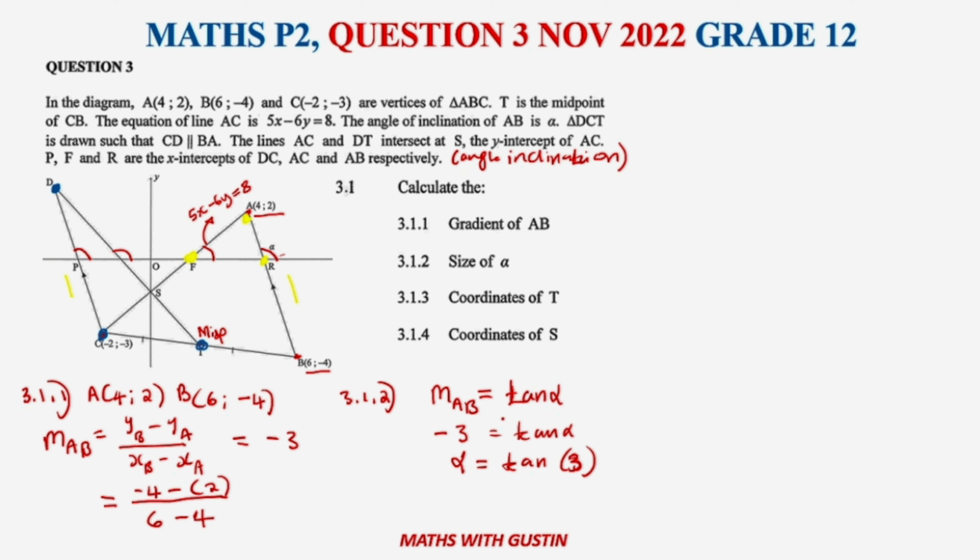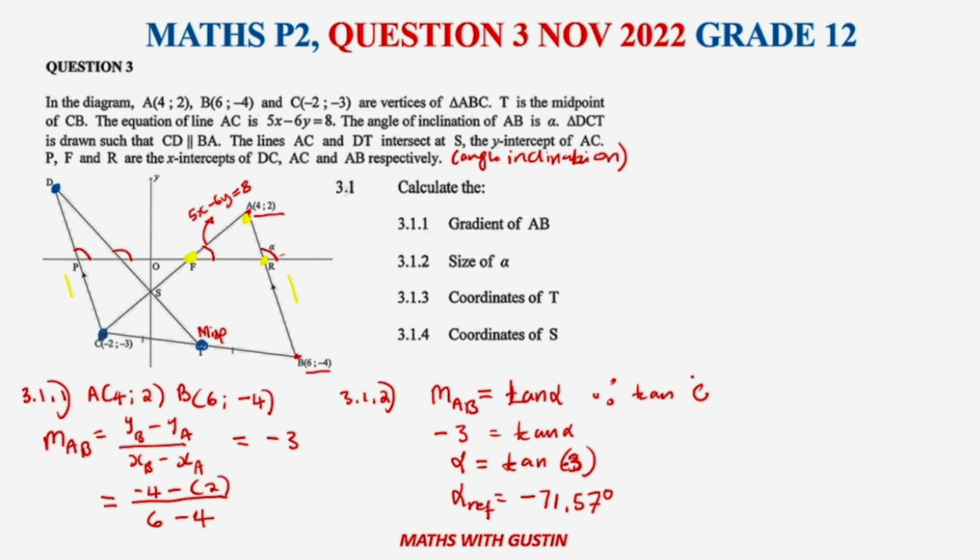In some cases you can put the negative here, guys, it's not a problem. Let's rather put it anyway. So our alpha reference, which is the reference angle, is going to give us negative 71.57. All right, so therefore you say tan is negative on which quadrant?